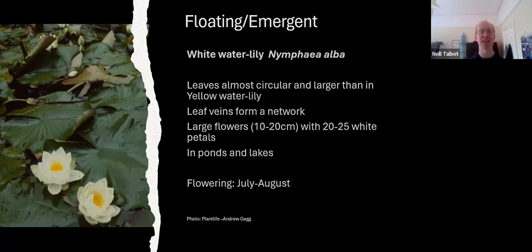A couple of other key differences, which is quite useful to know before it's flowered, because it doesn't flower till July or August. The leaves are very close to circular, and they have a gap at the tip which almost joins together. I'll show you the yellow water lily in a minute, but its leaves are nowhere near as circular as the white water lily.